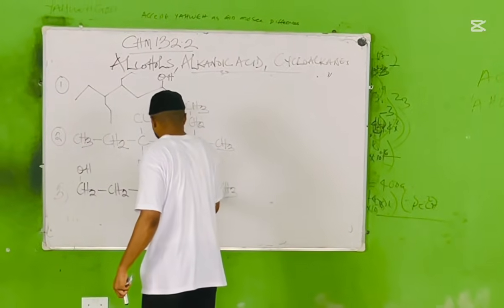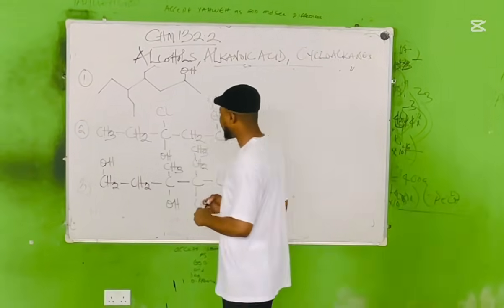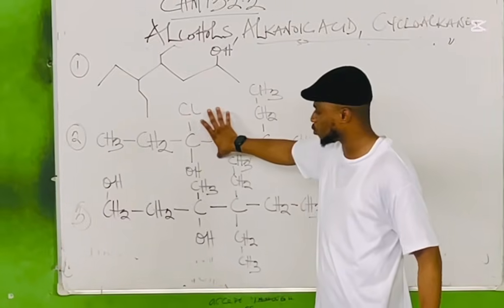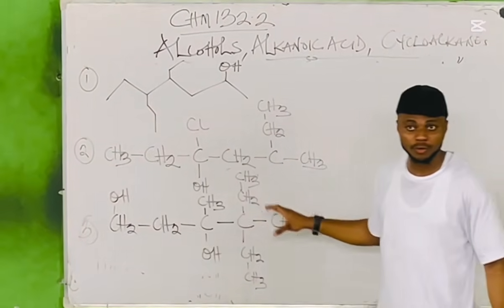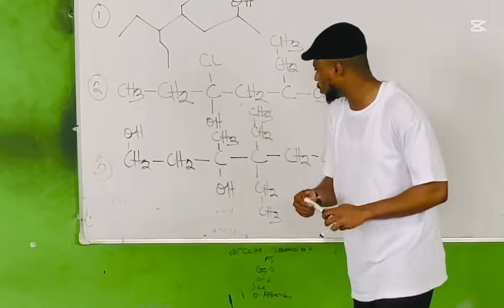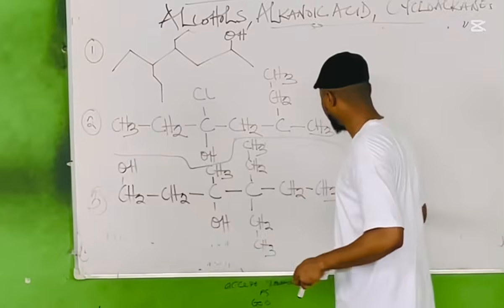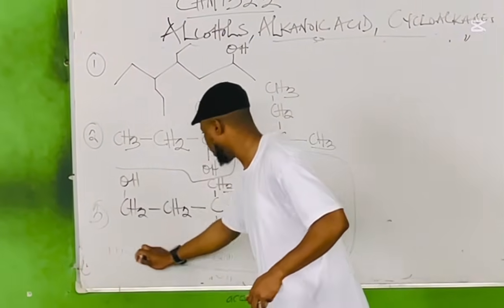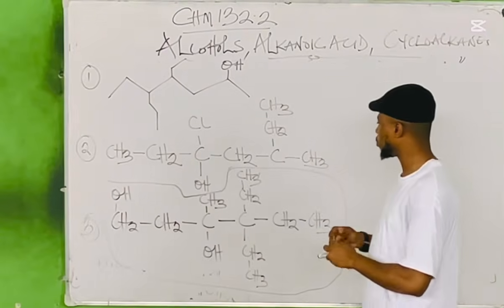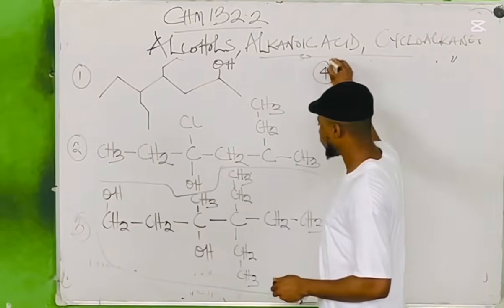Here also we have CH2, CH3. Please let's try and differentiate them. This OH is attached to this structure. This number 3 is like this. This number 2, this number 1. Then the fourth one, I'll make it to be in a skeletal form.